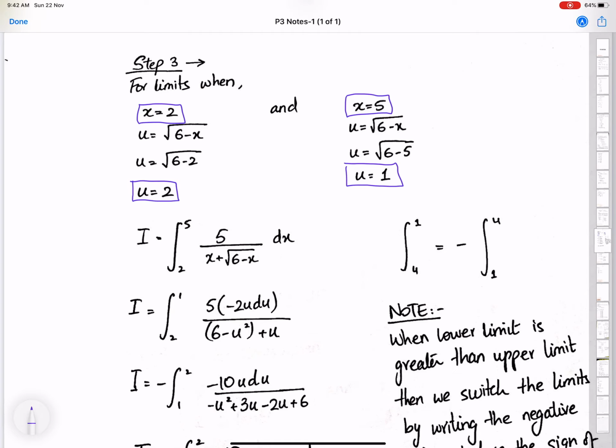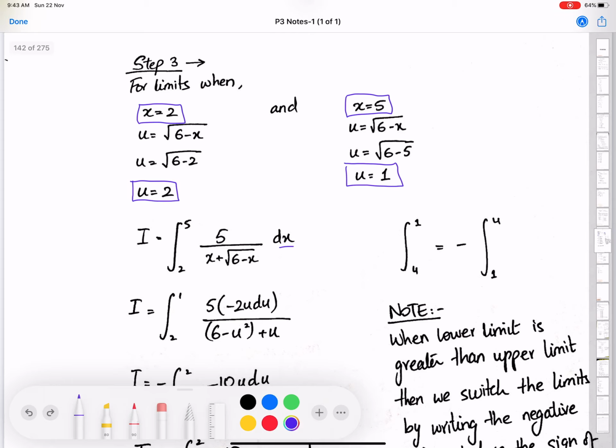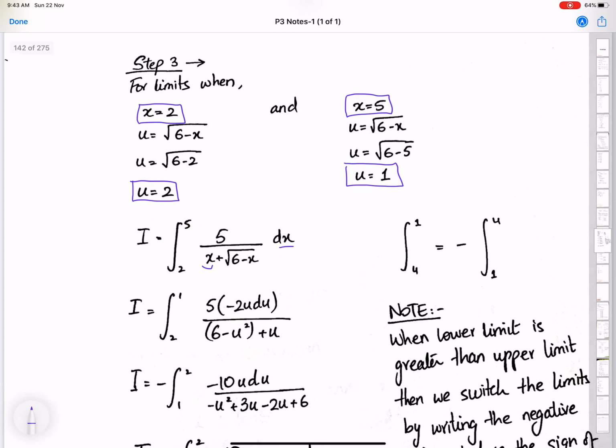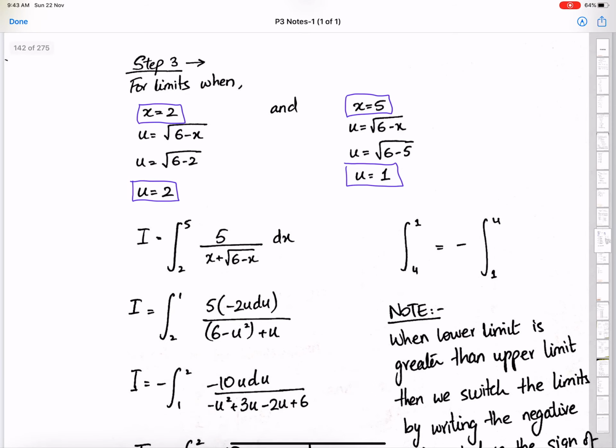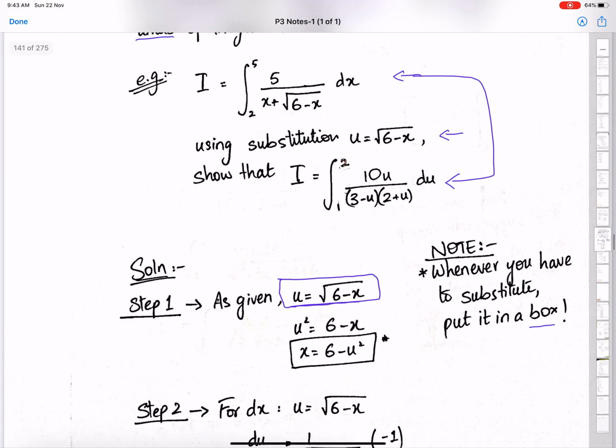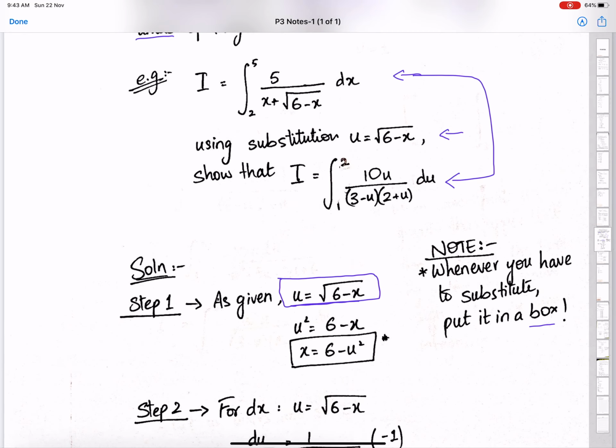Now you see, when you substitute dx, function, limits, this x will create a problem, because it's not easy to substitute this x here. Yes, we can substitute this by u, but we have to adjust the given substitution in order to get the value of x. By adjusting the given substitution, we can make x the subject. So this x is also required for the substitution.